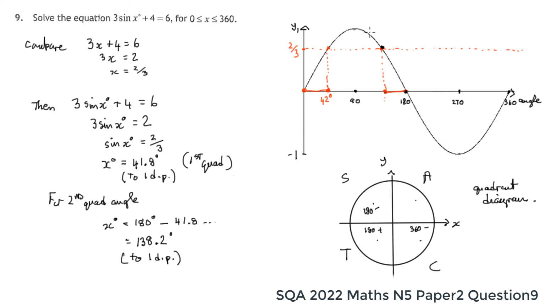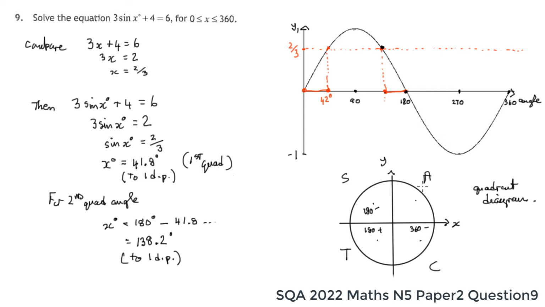You can see in this diagram the sine graph is above the x-axis. It's positive values we get. In here the sine is negative, in here the sine is also negative. Only the tangent has positive values for angles in the third quadrant, and only the cosine is positive for angles in the fourth quadrant between 270 and 360.